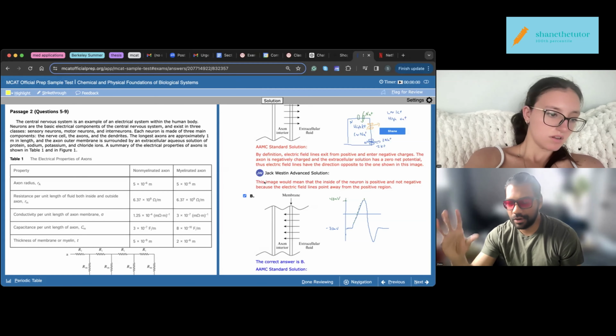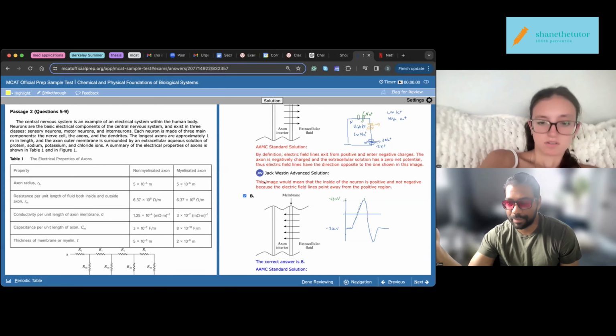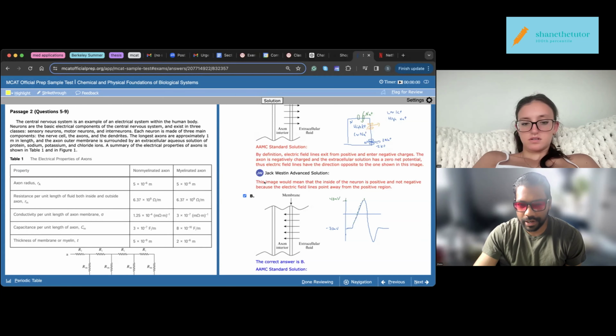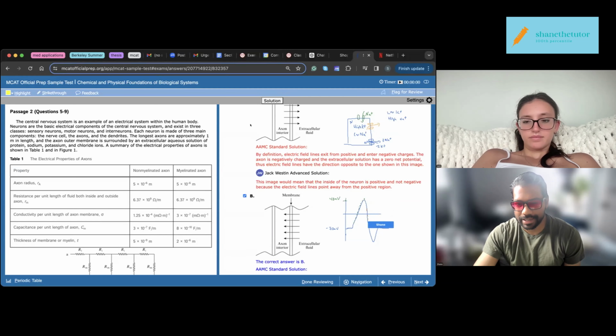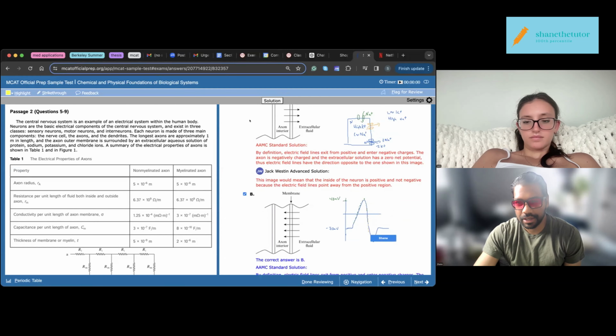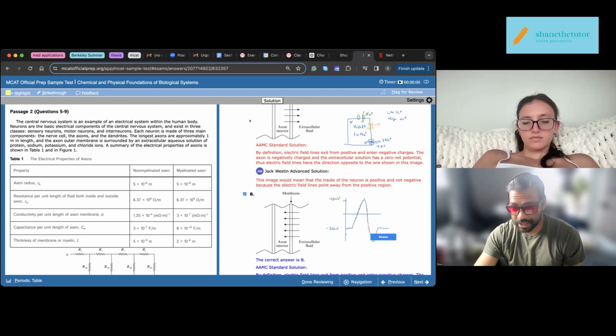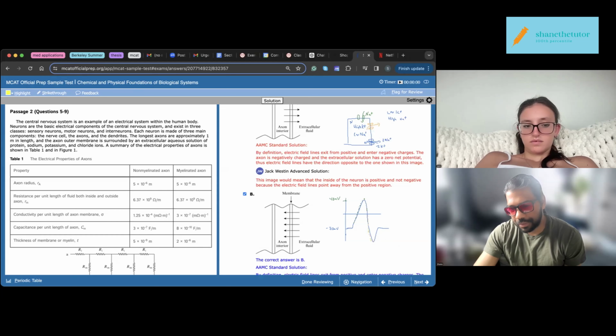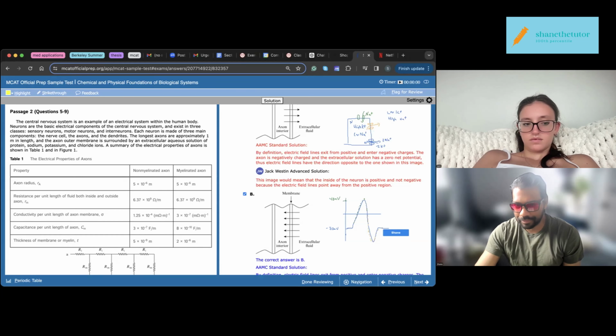So if it's moving out, we're losing that positive charge, getting less positive and more negative, so we're going back down here, which is called repolarization. The potassium channel is slow, so you're going to overshoot. That's called hyperpolarization. But then it'll come back to normal.